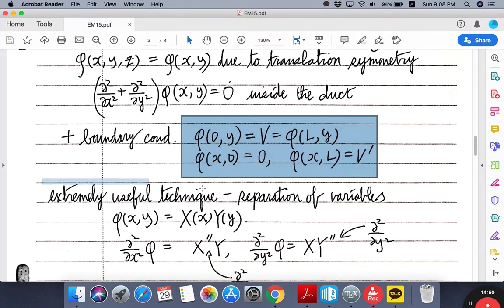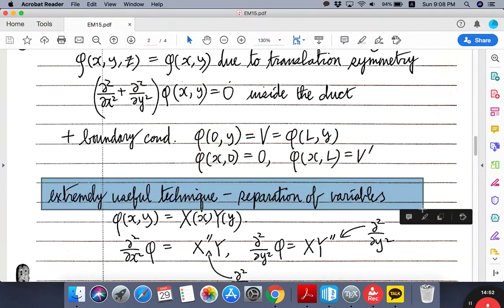Hopefully you have acquired enough mathematical physics as an undergraduate student to know that the separation of variables technique comes in handy to solve this problem.